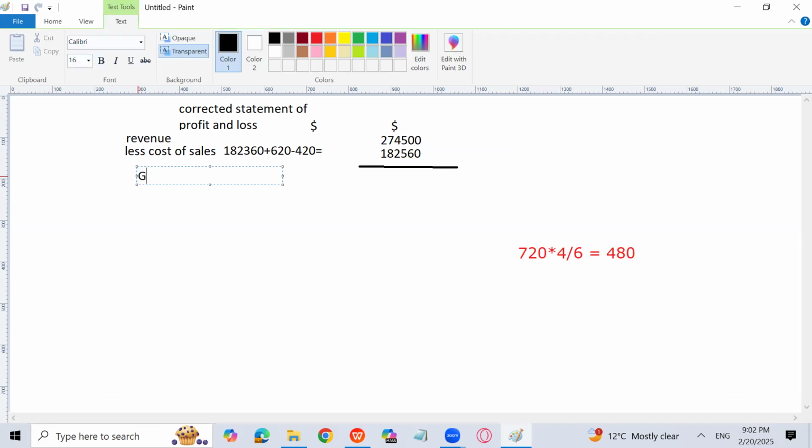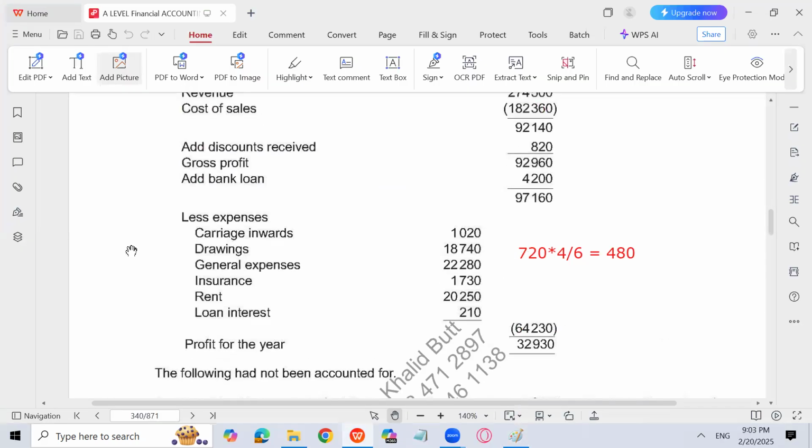You need to write the full version of gross profit because labeling is important, but because I don't want to waste my time, I'm going to write the small version. So 91,940 is the amount of gross profit, sales less cost of sales. Now I will add discount received, because discount received will be added after gross profit, and it is given in the question.